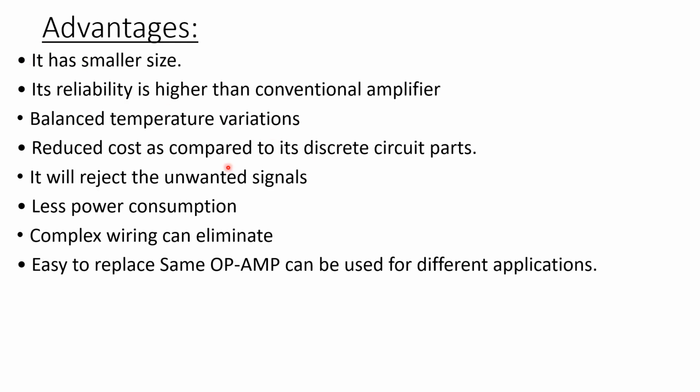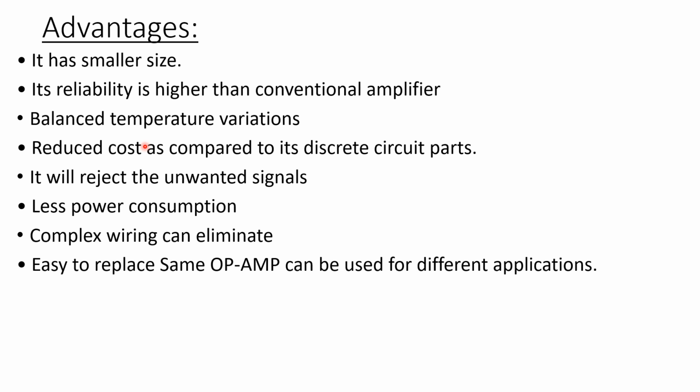Now we will see what are the major advantages of op amp. Size of op amp IC is very small when compared with other ICs. It is very reliable and temperature variations are balanced in this case. That is one of the major advantages for using these ICs in medical sections in operation.